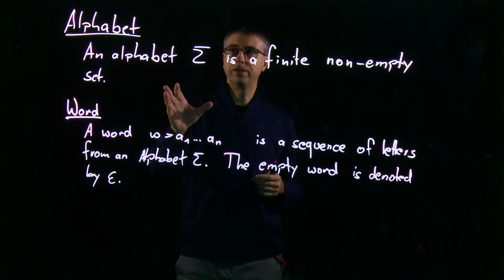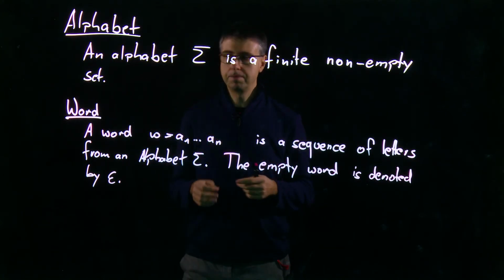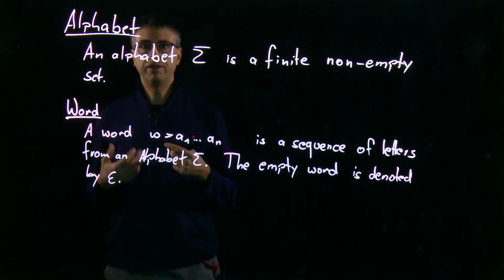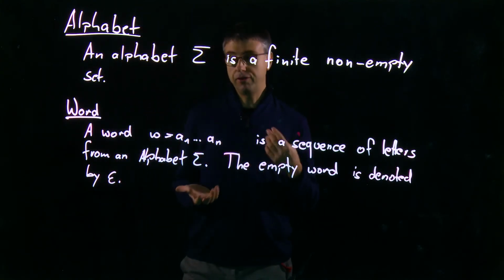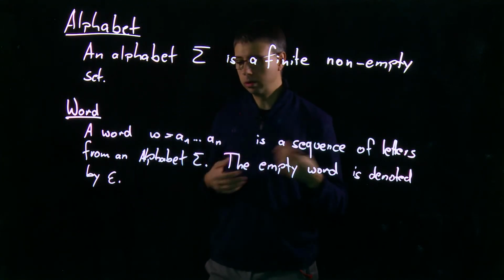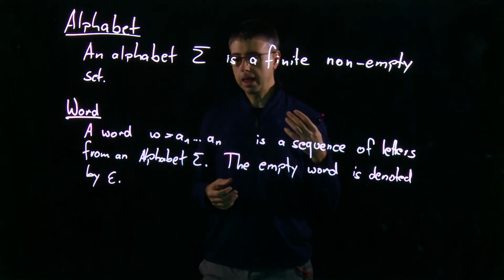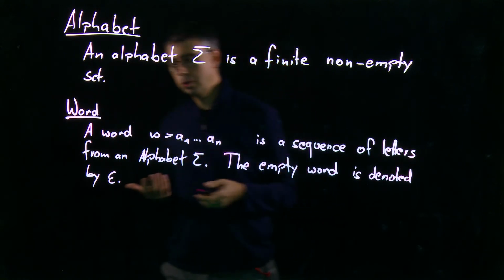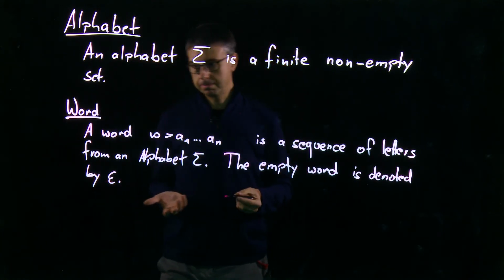Okay, now we have defined what an alphabet is, what a word is, and finally we'd like to define what's a language, a formal language. We all know natural languages like English or German or whatever. And in the theory of computing, a language is simply a set of words.